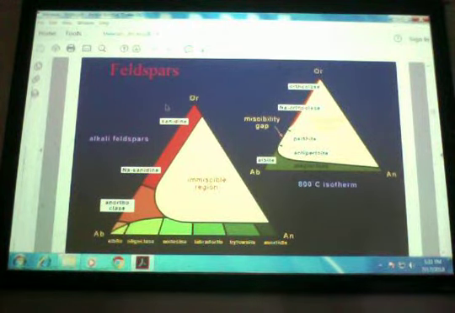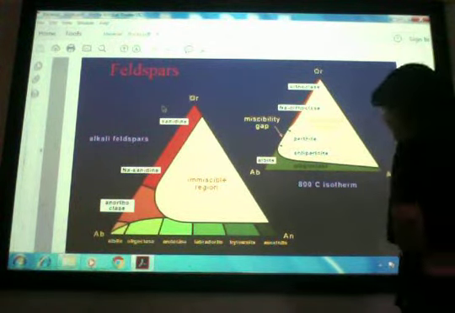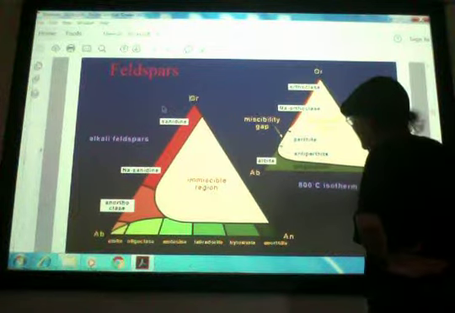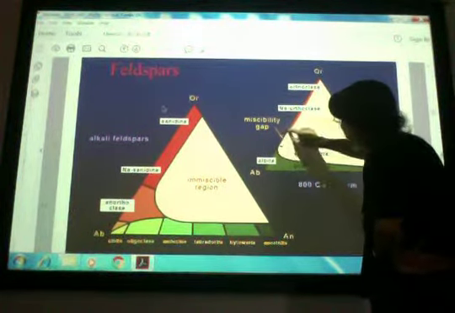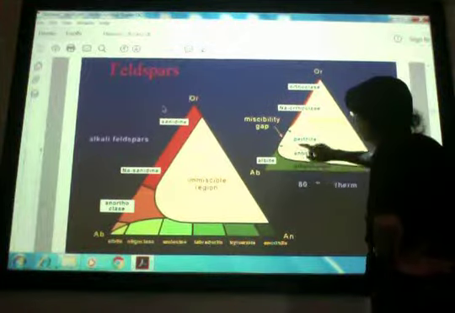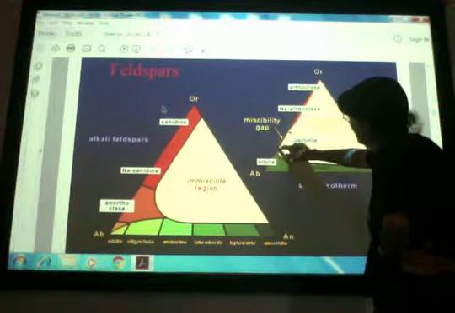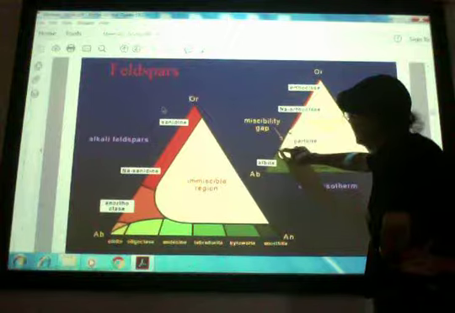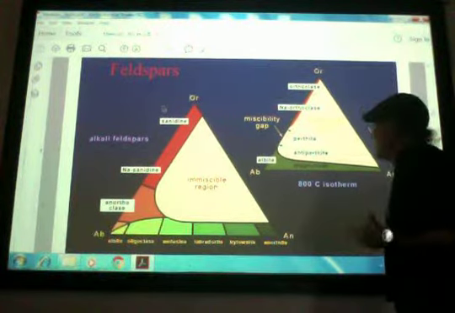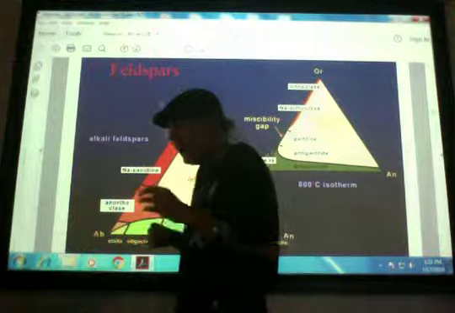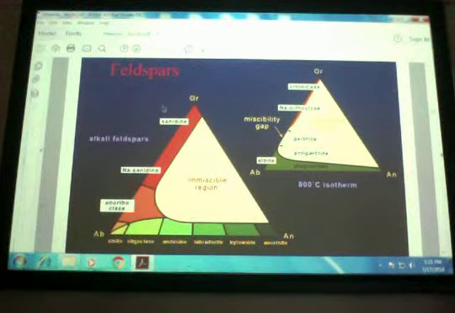And that is now a temperature dependency. Because if you are at 800 degrees Celsius, you have here a miscibility gap. Yeah? And then such feldspars with this composition do not exist. That means such a feldspar with such a composition is formed at higher temperatures. And therefore we are now at the next point.